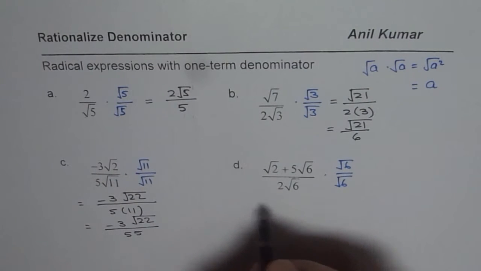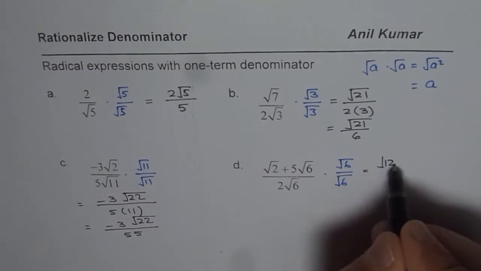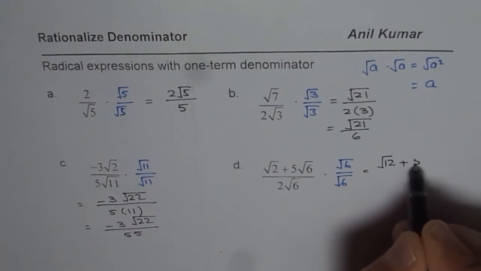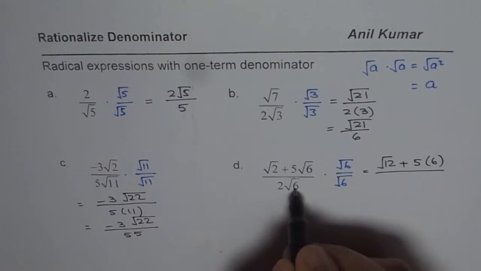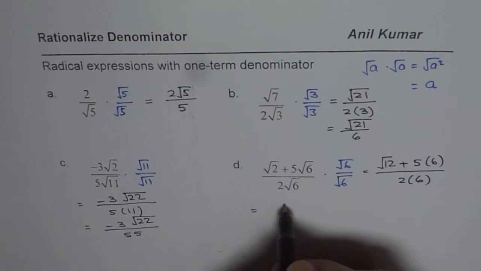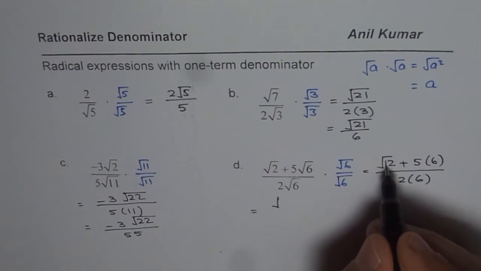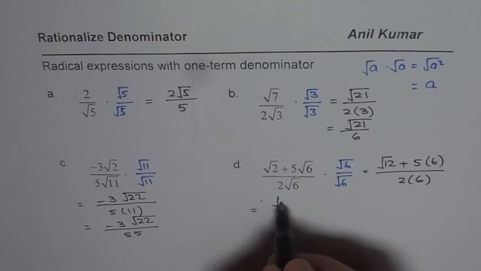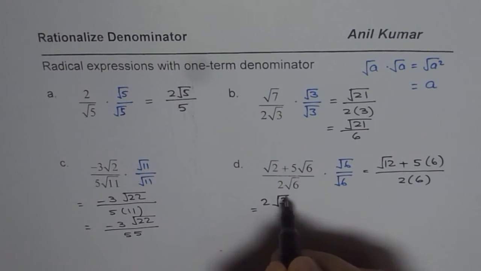In this case, we'll multiply by square root 6 here, so we get square root 12 plus 5 times 6 divided by, multiplying by 6, we get 2 times 6. We could rewrite square root 12 as 4 times 3, so we can write it as 2 square root 3, correct?